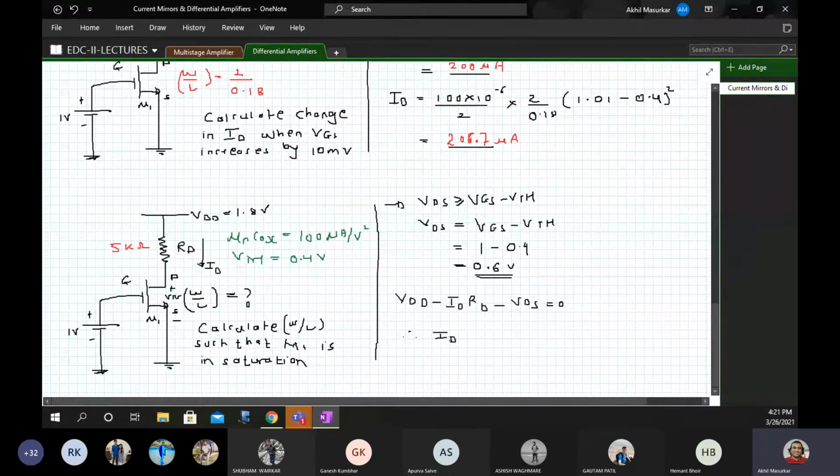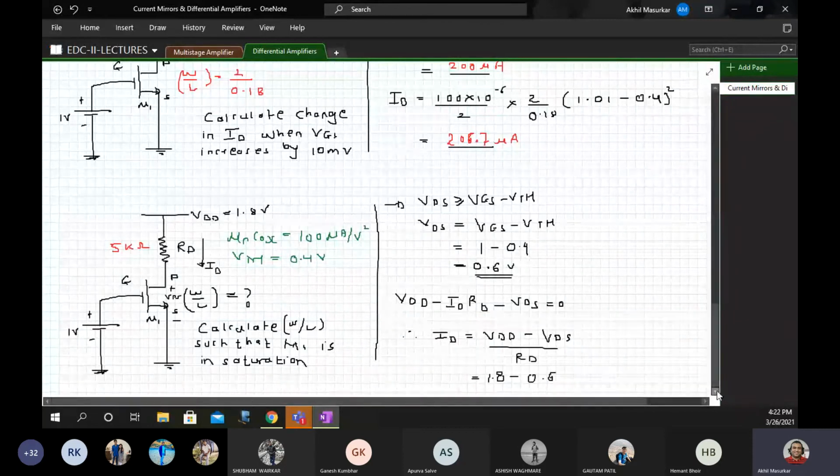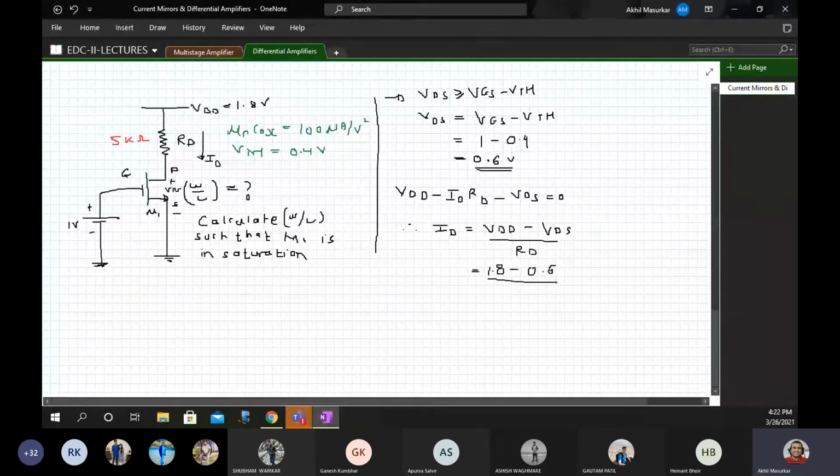Therefore, ID is equal to VDD minus VDS upon RD. We have the value of VDS and VDD, so we can write 1.8 minus 0.6, this entire thing upon 5 into 10 raised to 3.